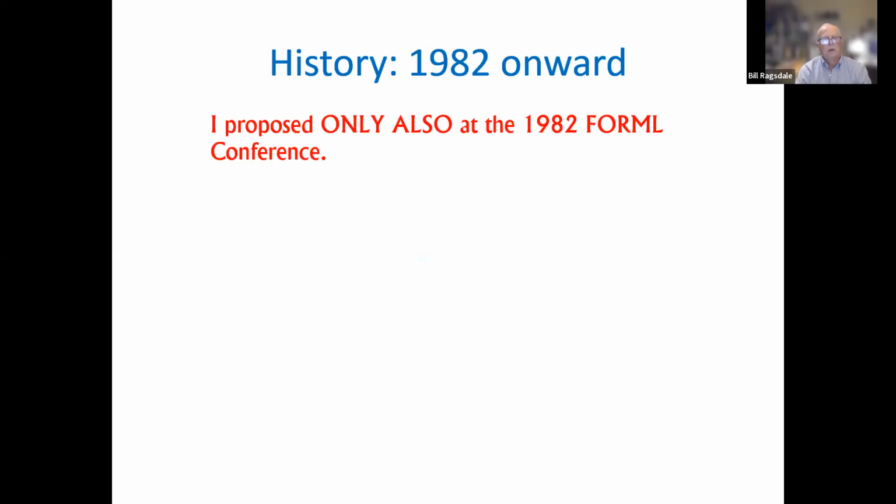In 1982, I proposed only and also at the 1982 formal conference. As a bit of history, the formal conferences were done at Asilomar Conference Center near Monterey, California, and they ran from 1981, I believe, for about 18 years, up until the early 1990s.